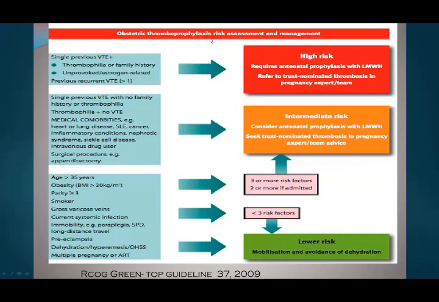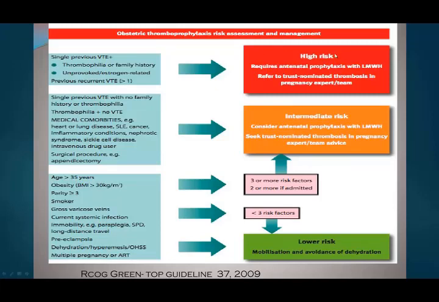Now, a single previous venous thromboembolism event, plus thrombophilia or a family history, or unprovoked or not estrogen related, or previous recurrent venous thromboembolism, more than once, we consider as high risk.